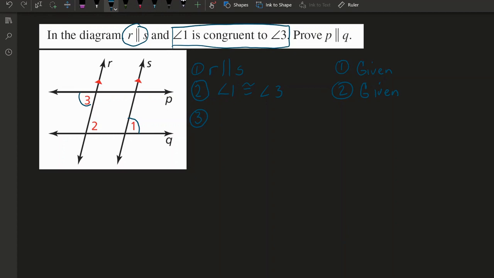So specifically, if I pay attention to angles 1 and 2, since R and S are already parallel, I can say angle 1 and angle 2 are corresponding angles, which means that they're congruent to each other. So I can say angle 1 is congruent to angle 2 because of the corresponding angles theorem.